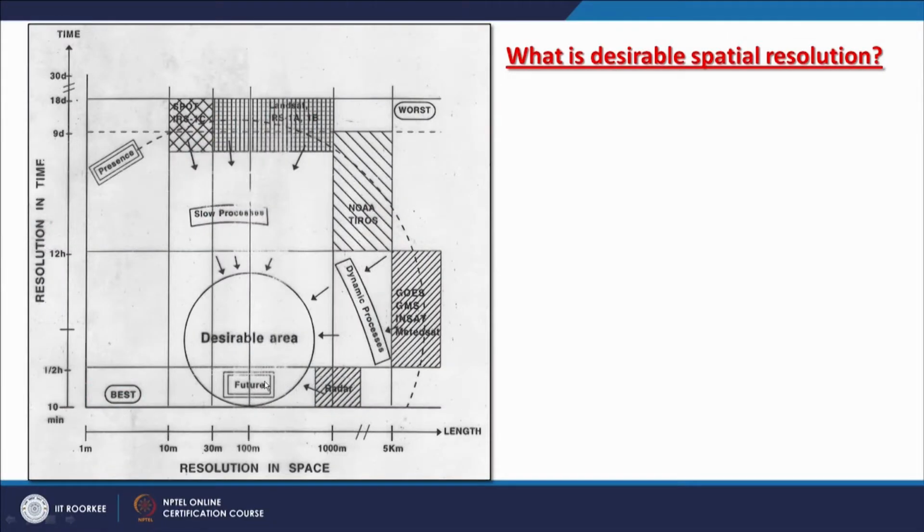As things are improving, we are moving towards higher and higher spatial resolution, that means lower values, towards the origin of this XY plot. So this is the desirable area, but this desirable area has shifted now to about 10 meter, where people are finding it very useful for studies which involve a local area.